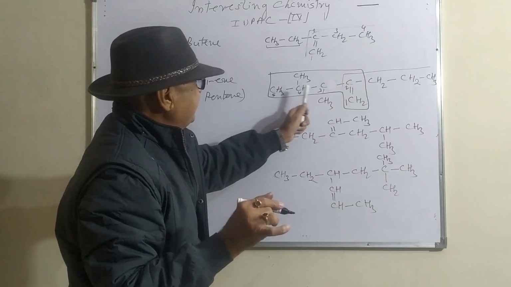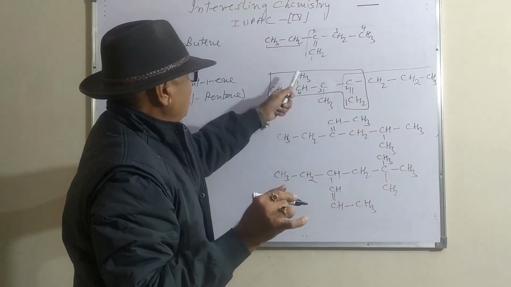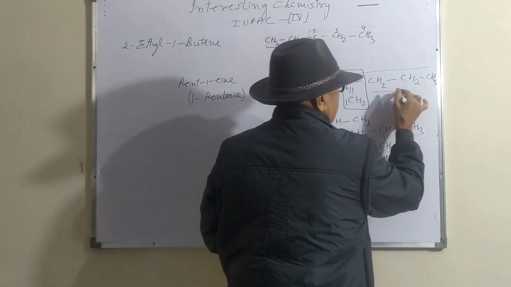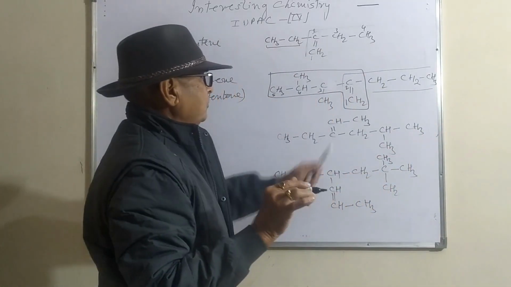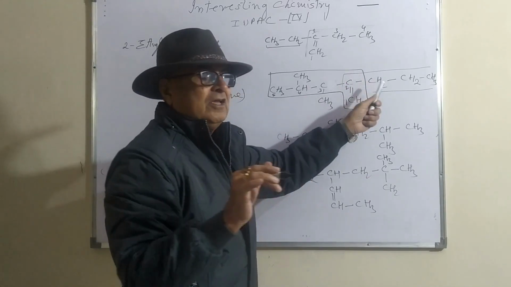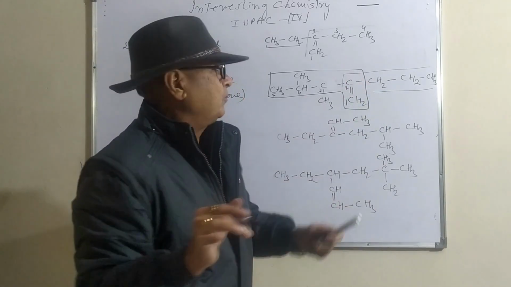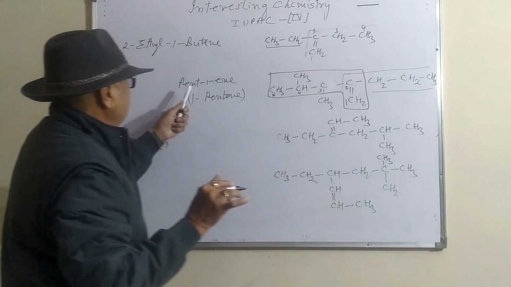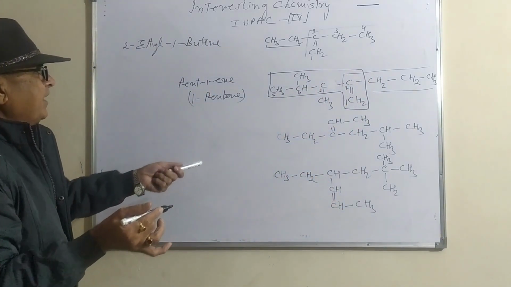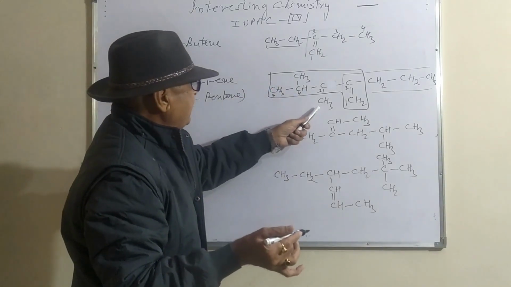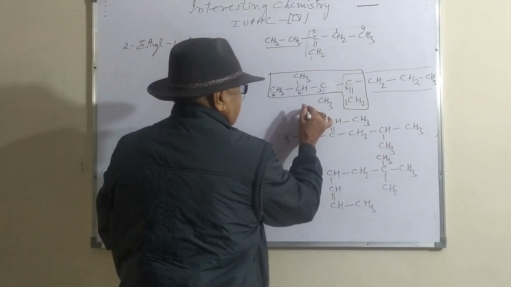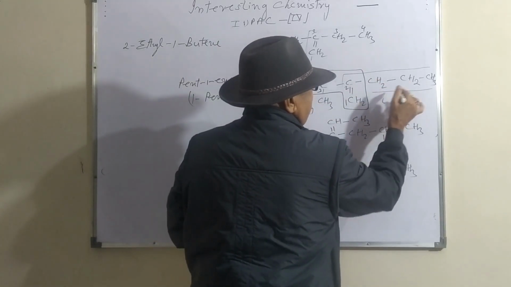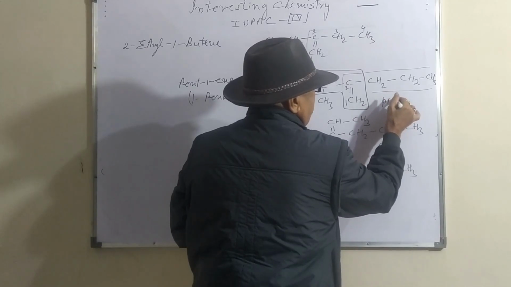Again, this 1-pentene has 1, 2, and 3. This is also a substituent group. You can't ignore this substituent group. So there are 3 substituent groups to write before the 1-pentene. How will you write them? 2,2-methyl, and this will be propyl.